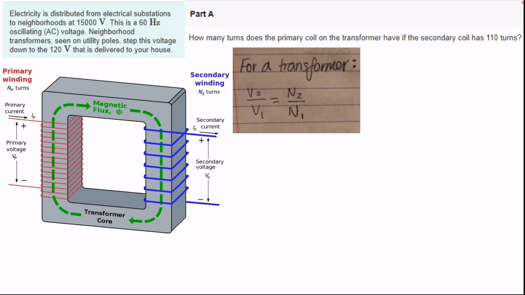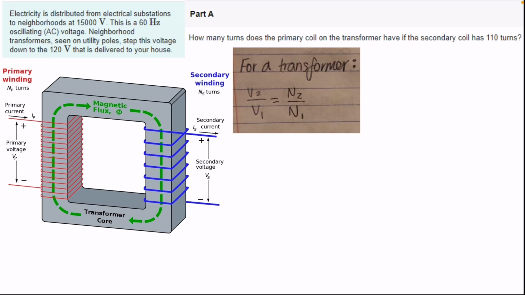The book explains that the way transformers work is that the left coil, the primary coil with the primary current and primary voltage, has N1 turns and is driven by an oscillating voltage. The magnetic field of the primary current follows the iron core and passes through the right coil, which has N2 turns and is called the secondary coil.